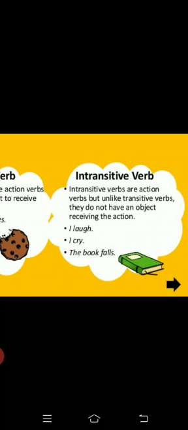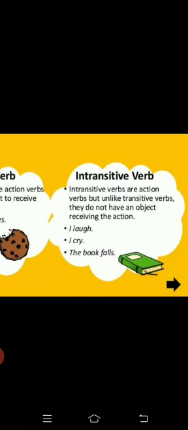These are a few examples used here, right? These are verbs which are not required to have any object in them for getting meaning. So a verb that does not require an object to complete its meaning is an intransitive verb.